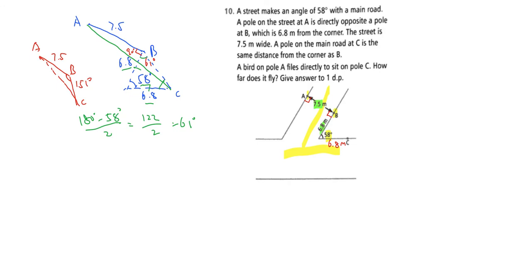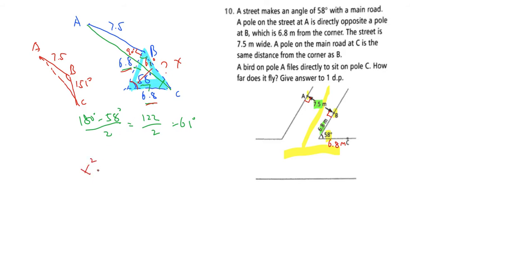So let's come back over here and have a look at this triangle. We're going to focus on this triangle. For this triangle, we know two sides, 6.8 and 6.8. We want to look for BC, and we have this angle which is opposite that unknown side. Let's call BC x. Which rule are we going to use? Cosine rule, because you only have one pair.